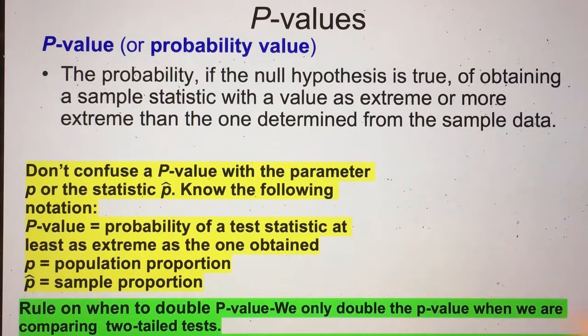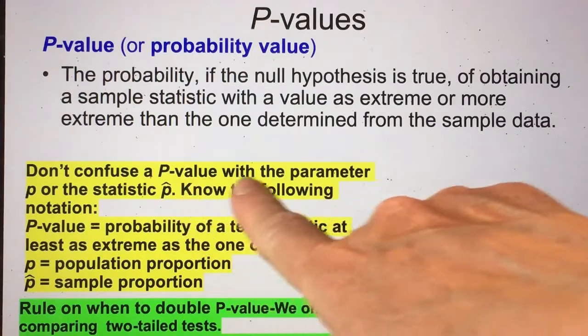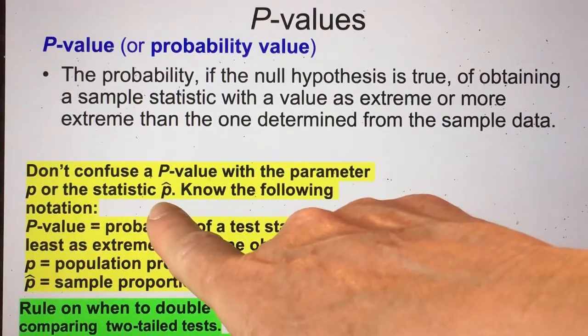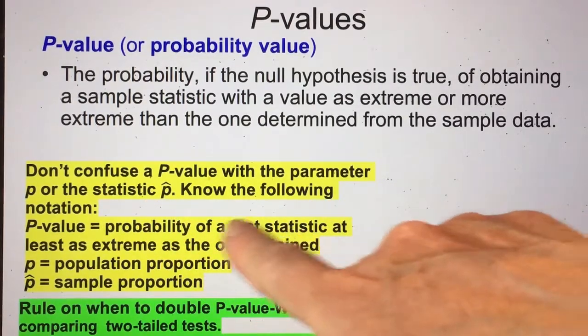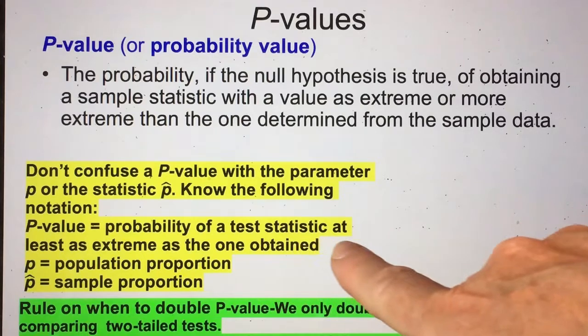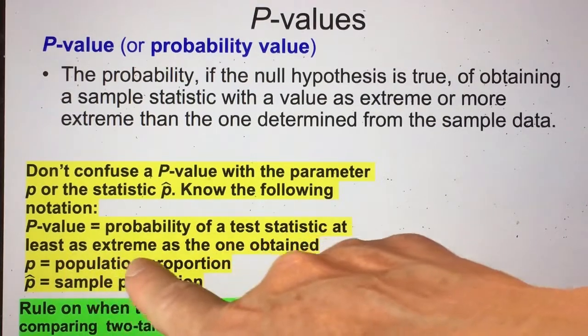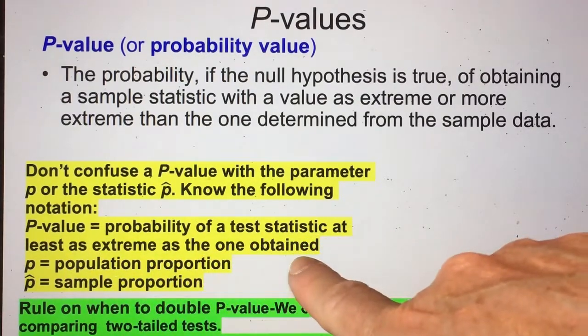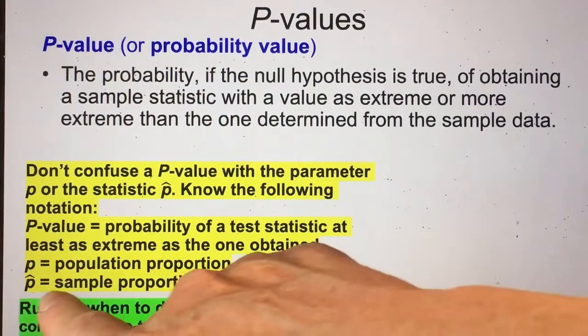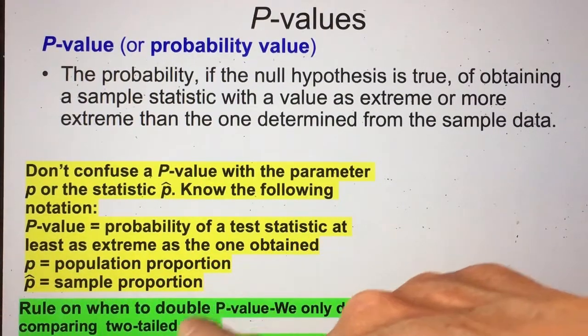Okay, so don't confuse the p-value with the parameter p or the statistic p hat. Know the following notation. The p-value is the probability of a test statistic at least as extreme as the one obtained. The p is the population proportion, and the p hat is the sample proportion.